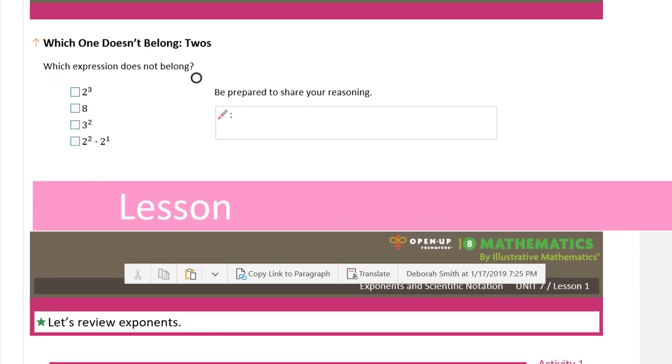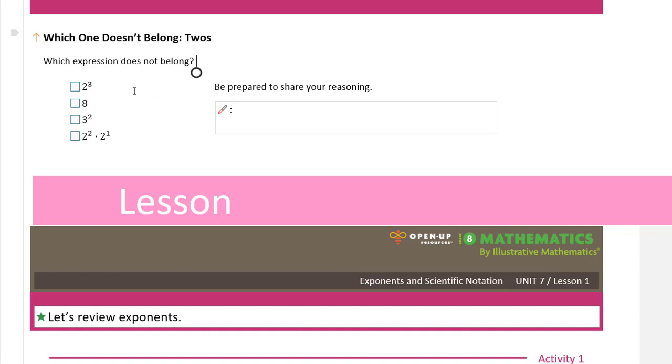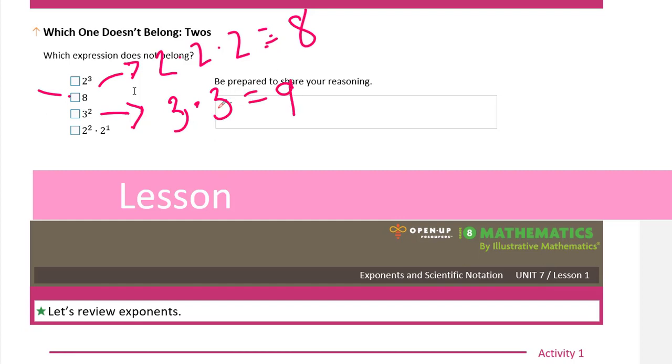So we've got our warm-up question here. Which one does not belong? So if we evaluate 2 to the 3rd, that would be 2 times 2 times 2. And if we multiplied that, that would be 8. If we evaluate 3 to the 2nd power, that would be 3 times 3, which is 9.